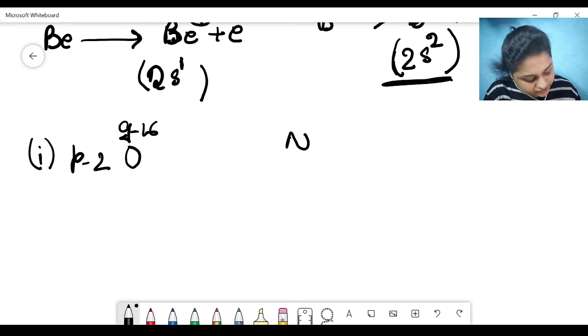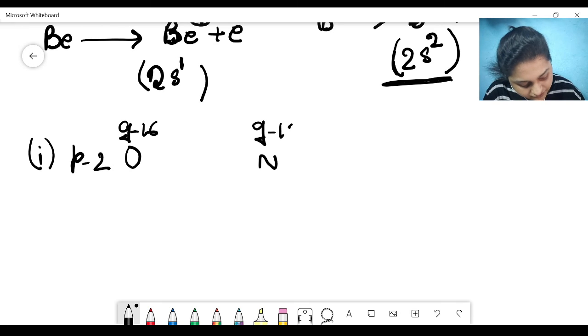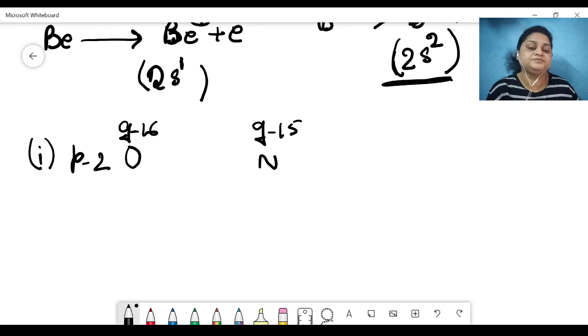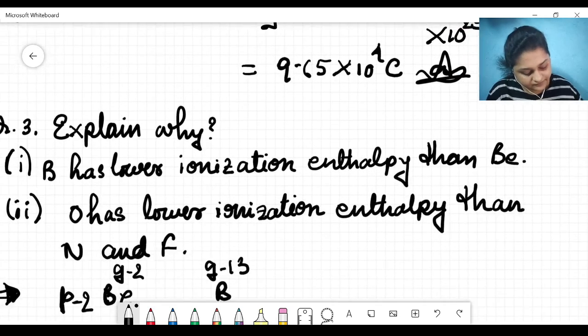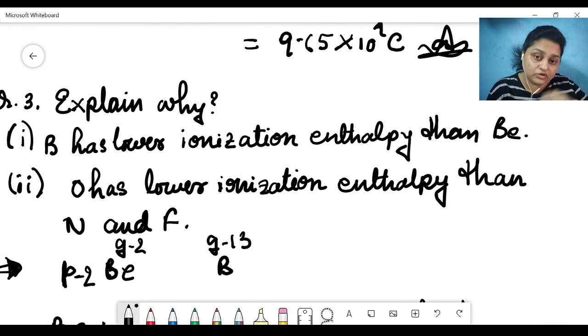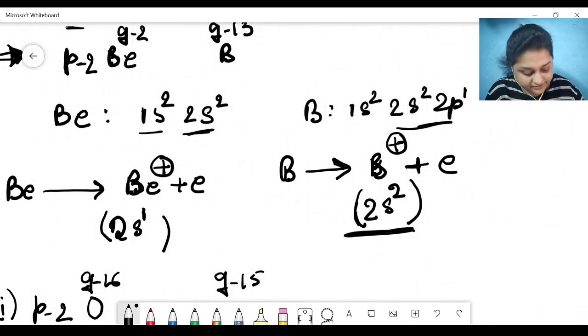Nitrogen is also present in group 15 in the same period. Evidently, oxygen should have higher ionization enthalpy compared to nitrogen, but the question is stating that oxygen has lower ionization enthalpy compared to nitrogen. Now, why is that?